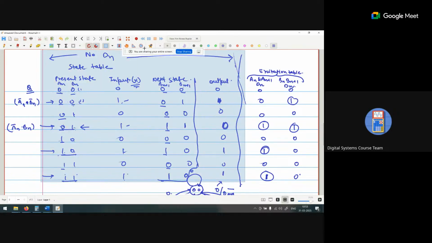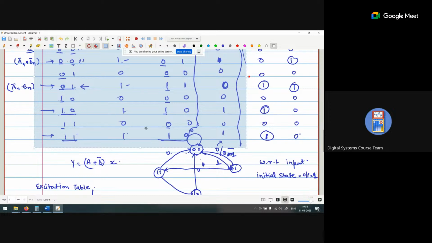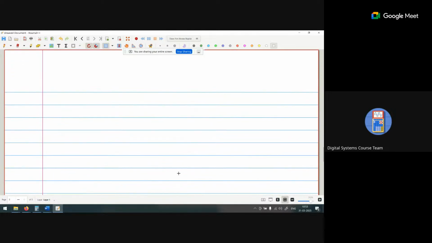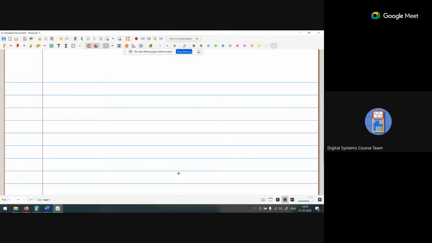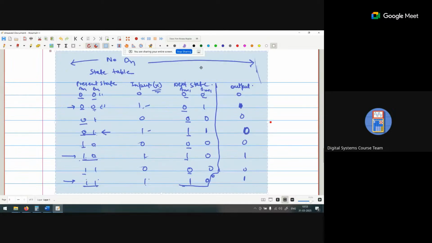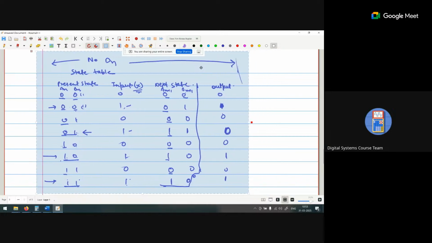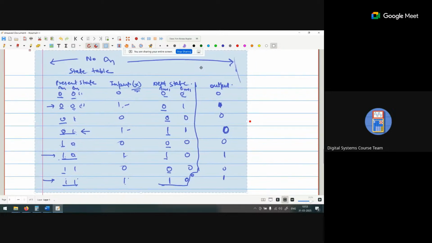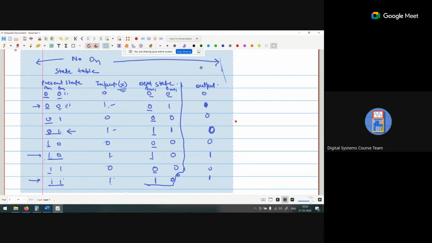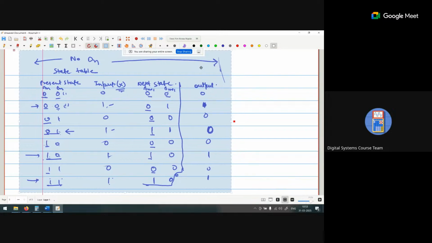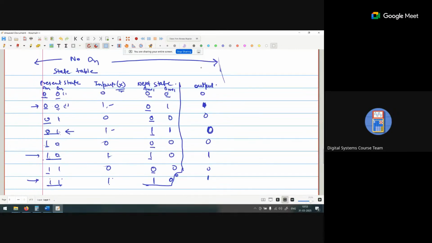If you are taking this one, now what are the changes?